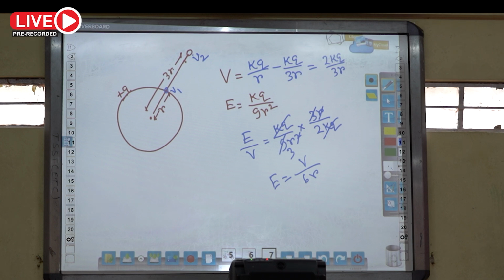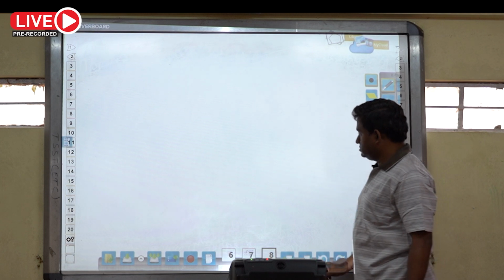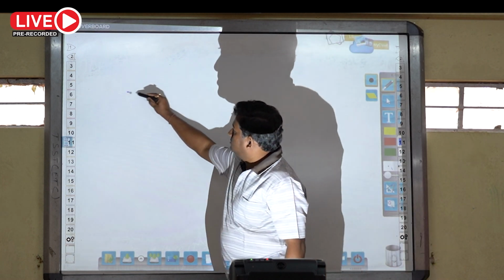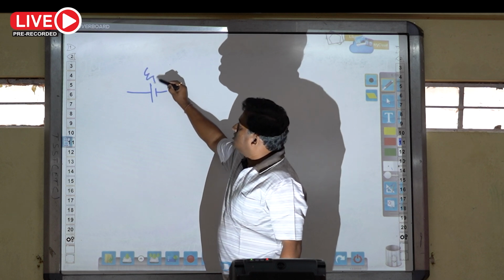Voltmeter reading 0 means terminal potential drop across the first cell is 0. This is the first cell, E1, R1.